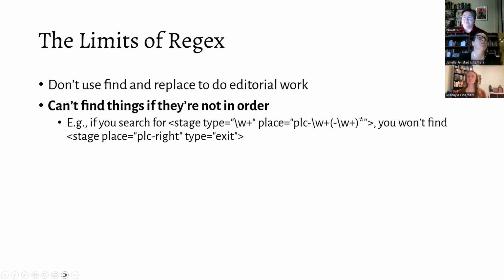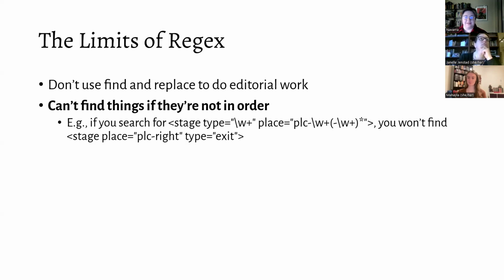The other limit that I'll mention is that regex isn't going to find what you're looking for if it's in a different order in the encoding versus your find box. So, for example, if you're looking for all of the stage elements that have both type and place attributes, and you put the type attribute before place in your find bar, but you're encoding sometimes places before type, you're not going to find those ones.